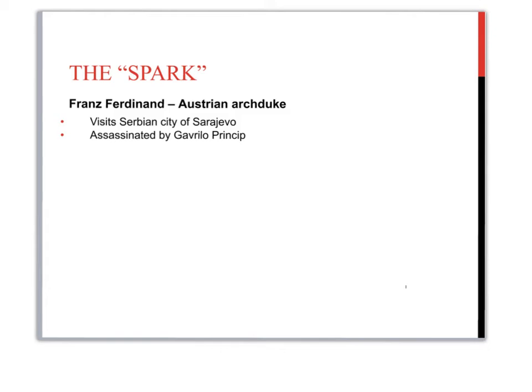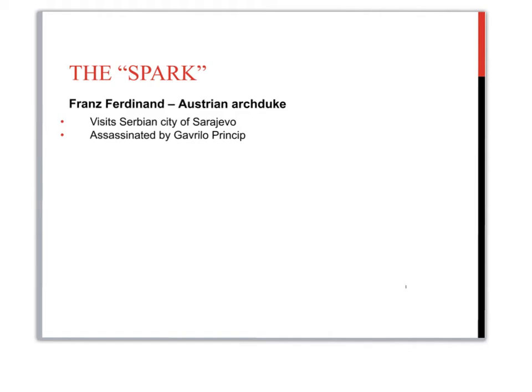Anyway, the Black Hand carried out this assassination. I'll try to link a video later that will be assigned as part of a separate assignment that takes you through the steps of the assassination.